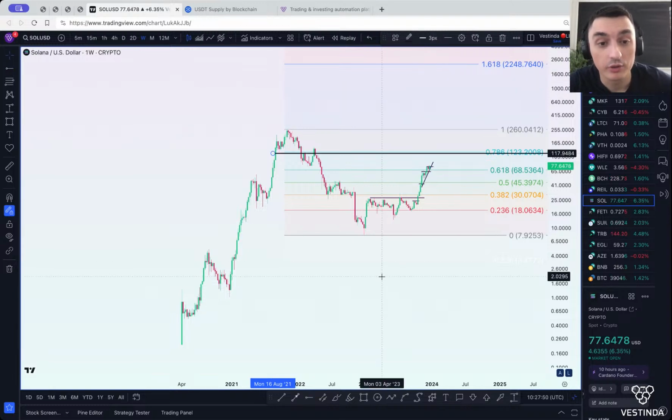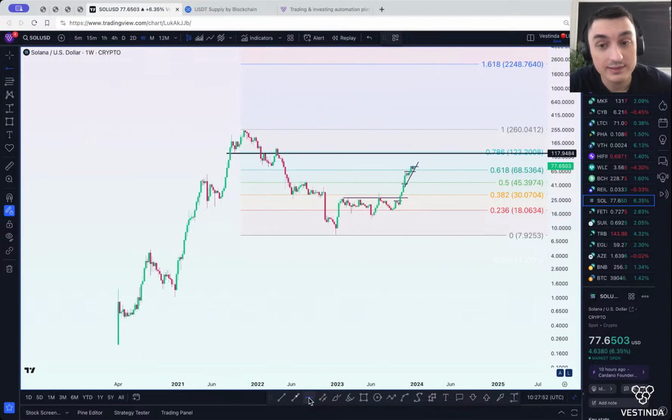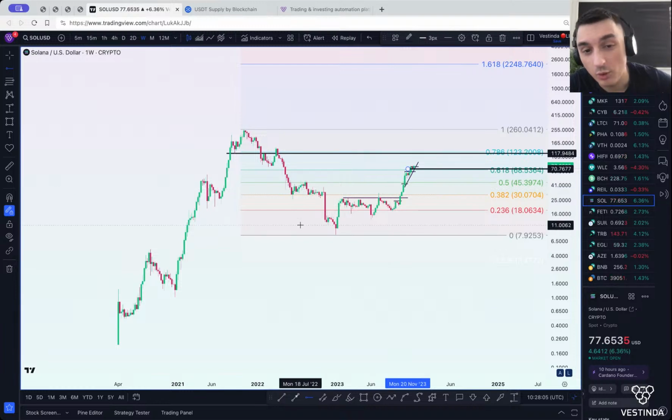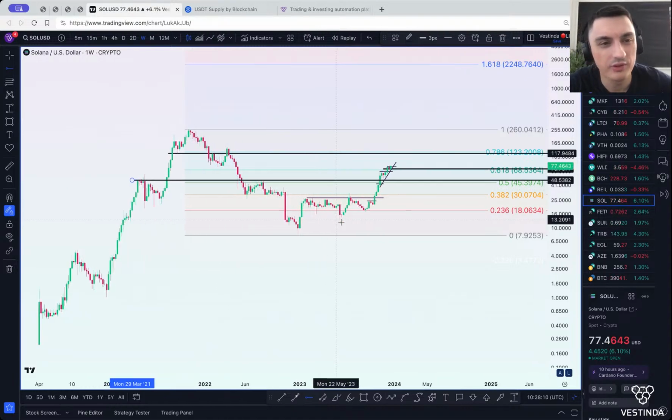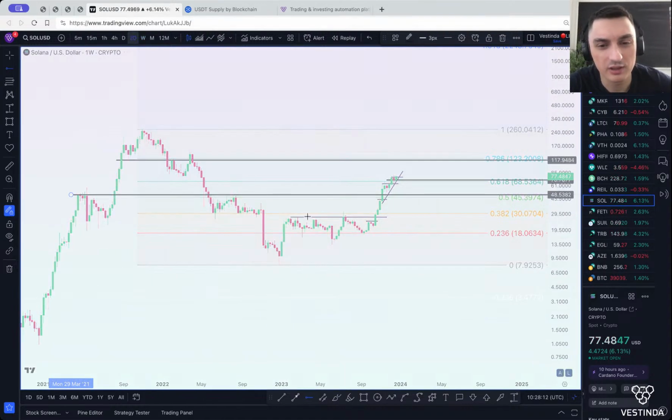So make sure you're following that, and obviously the stop loss and the level of invalidation is around 68 to $70. If we go below that mark, well, that's probably going to launch the market a little bit lower.